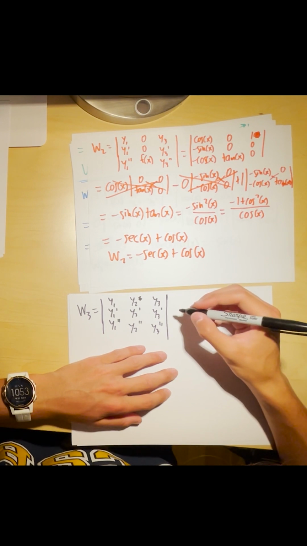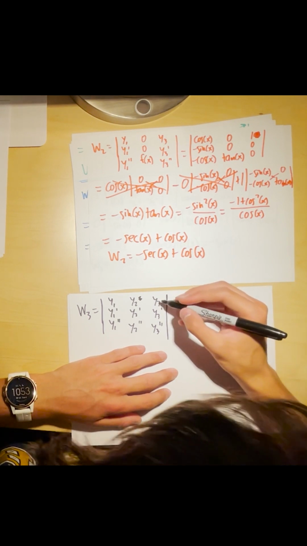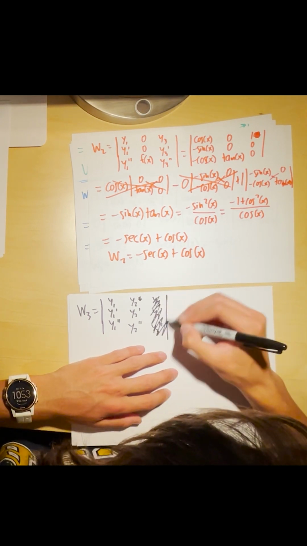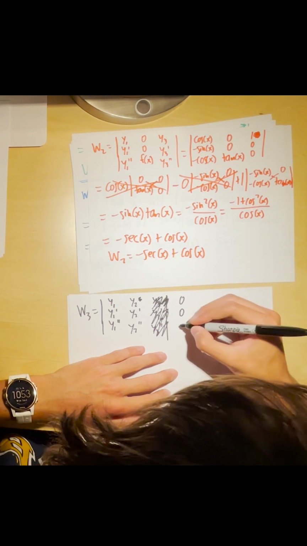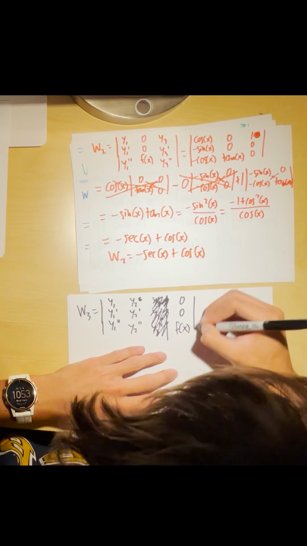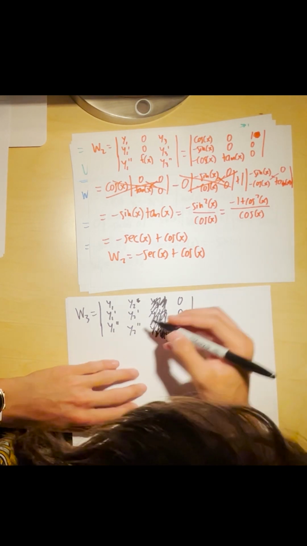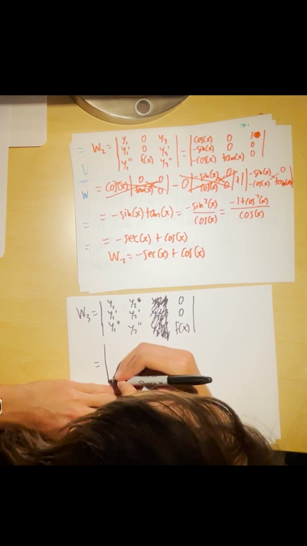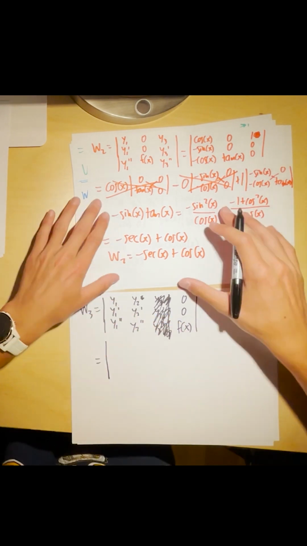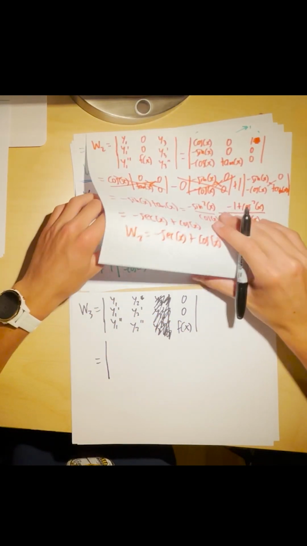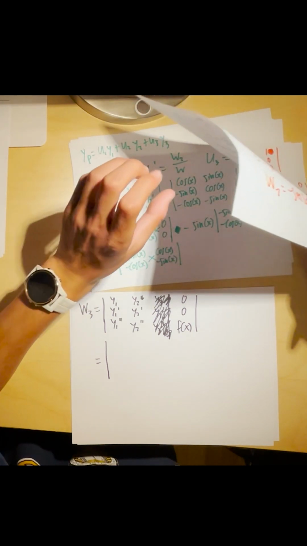And, oh shoot, what was I thinking? I wasn't thinking. Sorry. Last column is 0, 0, and then f of x. Sorry about that. Let's rewrite this. Let's plug in our information. We know that the original, so it's cosine, oh yes, okay.